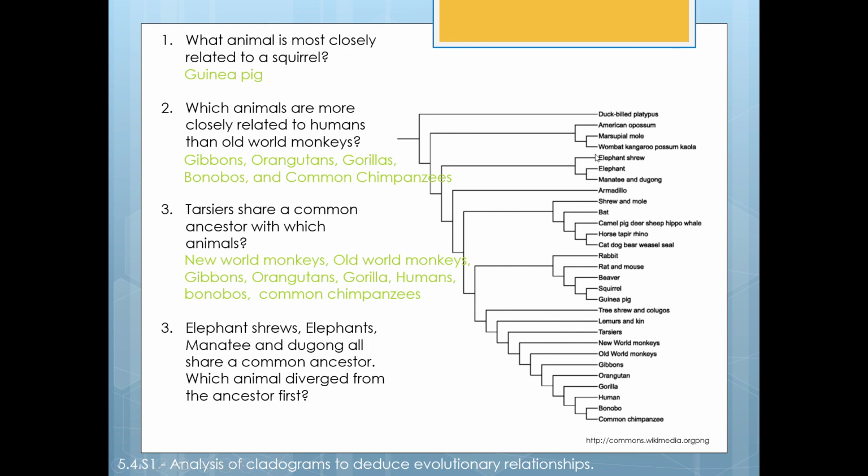It split from the rest earlier, while elephant and manatee remained together for some time, and then they split not so long ago. So their group is younger than elephant shrew is. Do you see it? Such questions can be also asked, like which creatures are the closest ancestors, which of them split earlier, later, and so on.